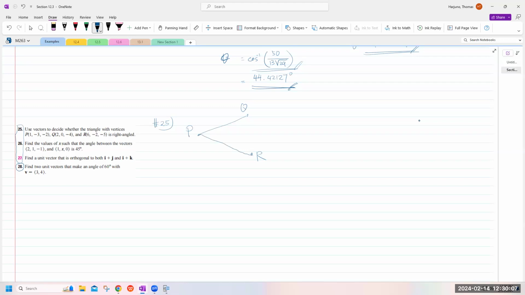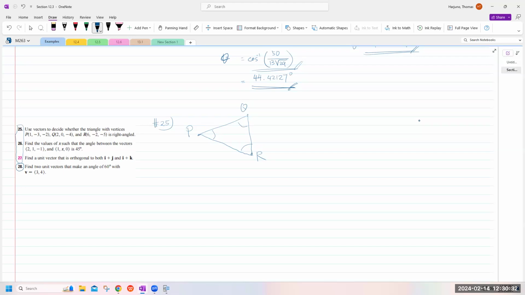Now, of course, a triangle is a right triangle if one of the angles, let's call them angle P, angle Q, and angle R, either one of them is a right angle. But to show that we have a right angle, we're supposed to do the dot product thingy, right?